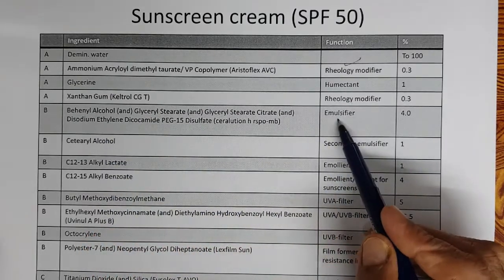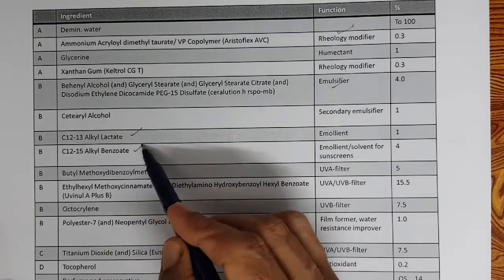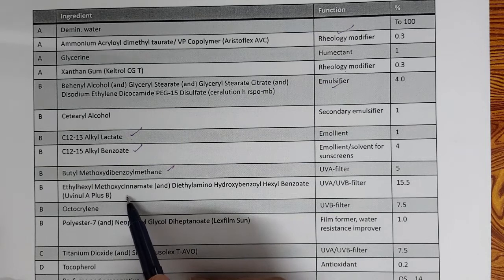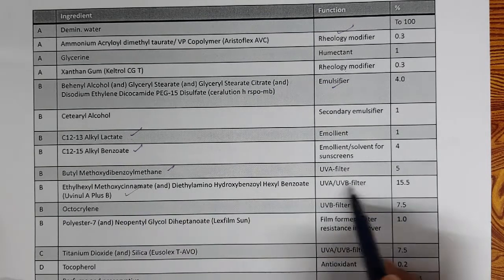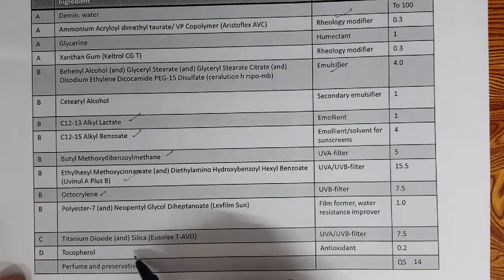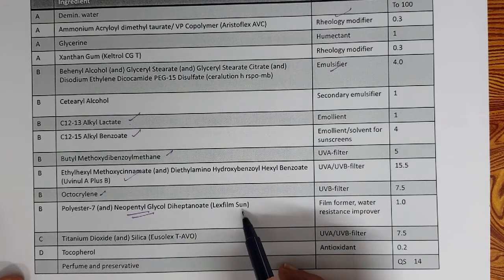So this is an emulsifier, cetyl alcohol, solvent, UVA filter, UVA UVB filter combination, this one, octocrylene UVB filter, this is a film former, okay, Lex Film Sun.